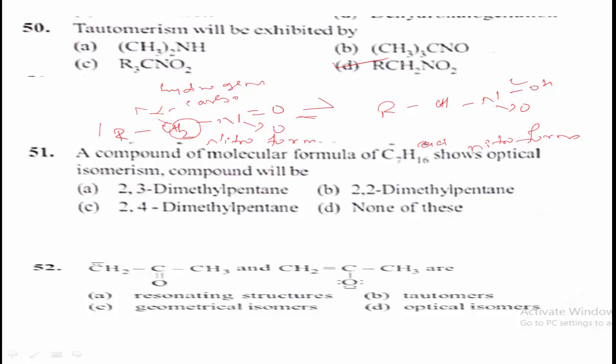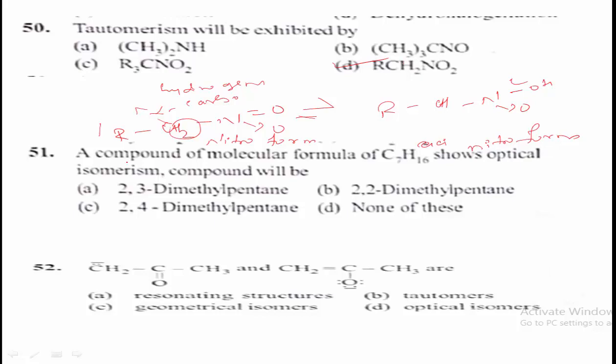Okay, students, organic compounds exhibit the property of optical isomerism only when their molecule contains a chiral carbon atom or an asymmetrical carbon atom. Most chiral compounds have chiral centers, which is an atom bonded to 4 different atoms or groups. Is it right? Yes. When you observe the given options, first come to option A, 2,3-dimethylpentane.